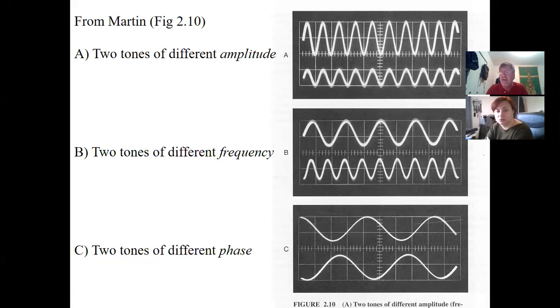Pretend it's 10. If this was 1 second, what was the period of that top wave? What was the time it took to complete one cycle? Well, if the whole length is 1 second and you have 10 cycles per second, the period must have been 1/10 of a second.